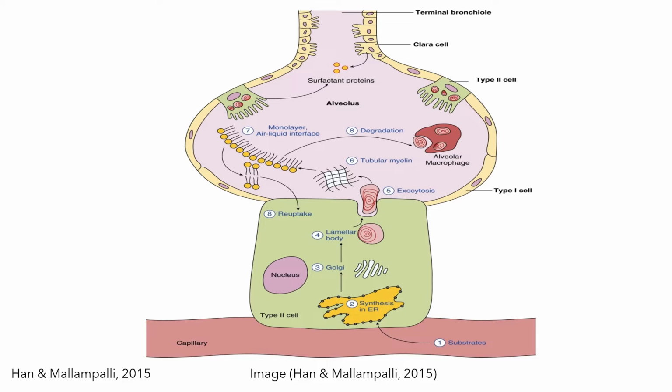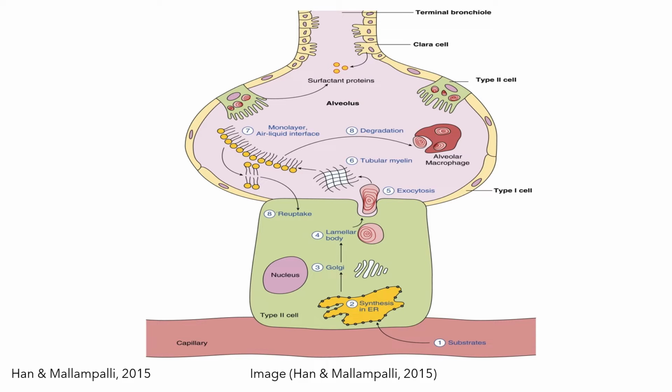From the endoplasmic reticulum, this is where it is synthesized. Then it goes into the Golgi for modification, and from there it goes into where it's stored inside these lamellar bodies. Once inside these bodies, exocytosis will take place, and it will bring the lamellar body into the alveoli.